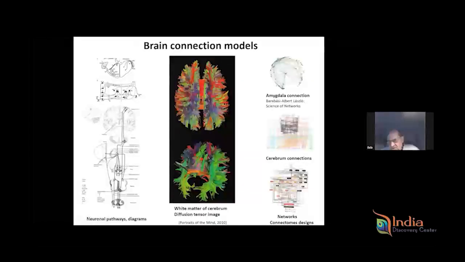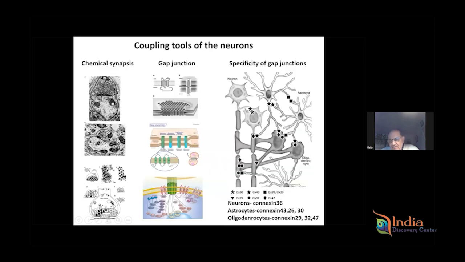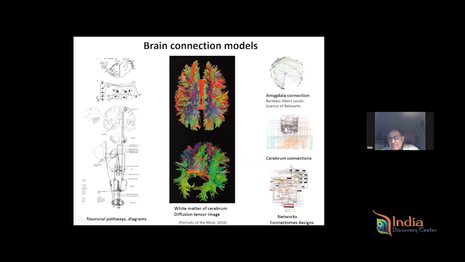A network connectome design is a new standard or new technique where the structure is only named and not shown on the brain structure, only with the name. And there are also lines of connection between the different areas of the brain.